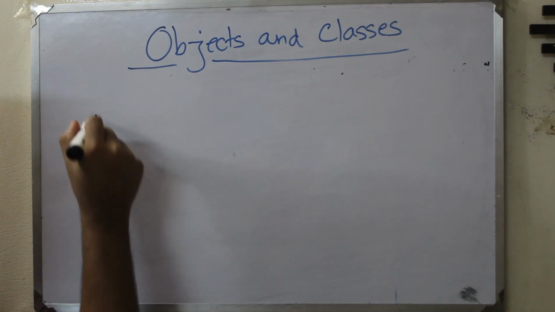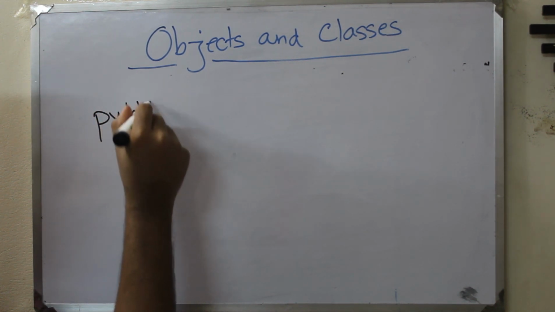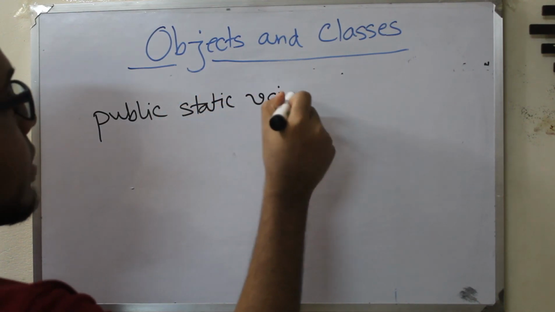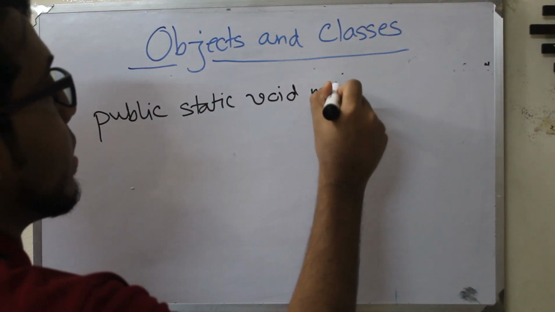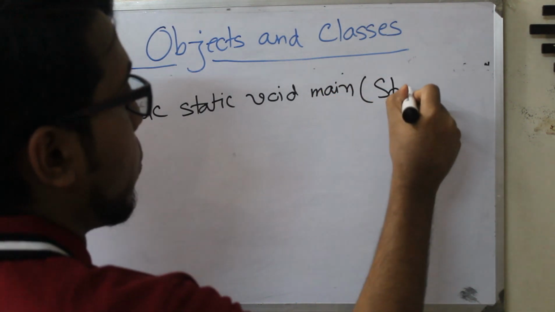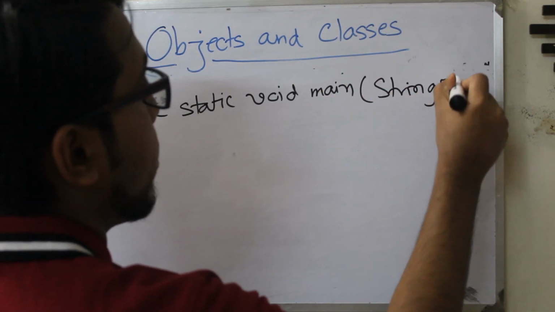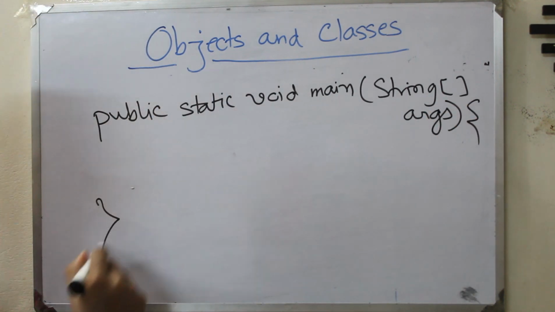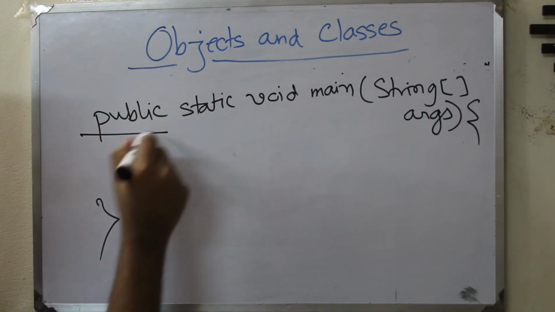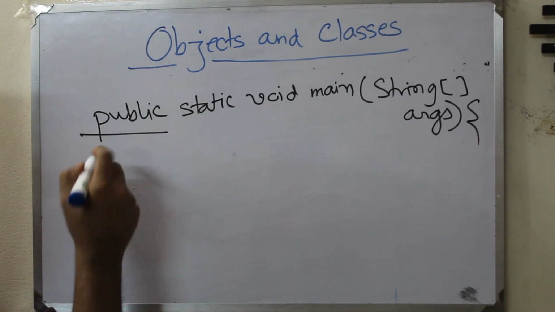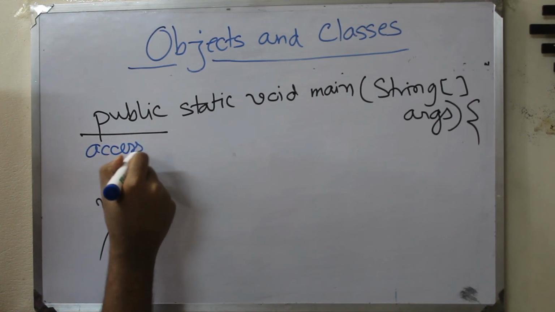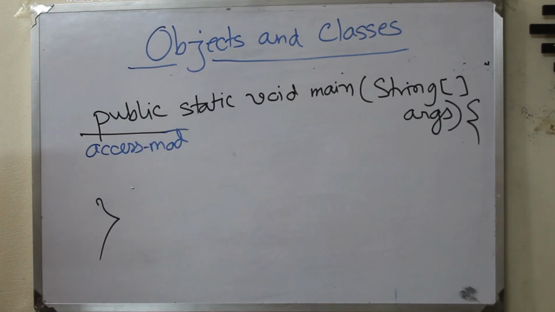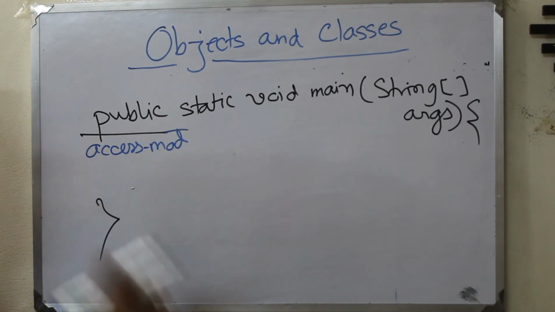So now let's see a method that we write in each and every program: public static void main. This is the main method that we write in each and every program. This is just an example of a method. Public is the access modifier, which means classes outside this class can access this one.